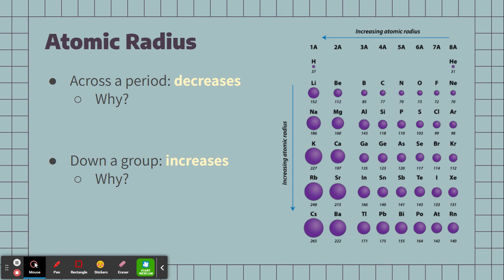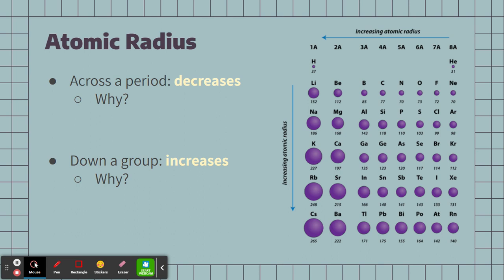If the effective nuclear charge between the atom's nucleus and its outermost electron increases, that would cause a stronger Coulombic attraction pulling the outermost electron toward the atom's nucleus. This will thus cause the atom to have a smaller atomic radius. I hope you can see that.